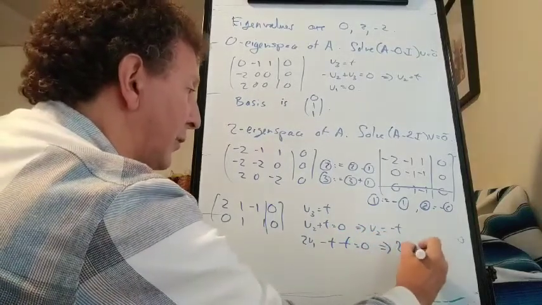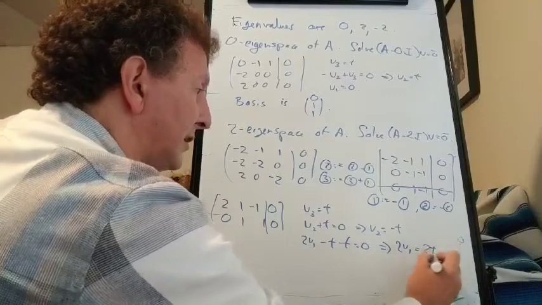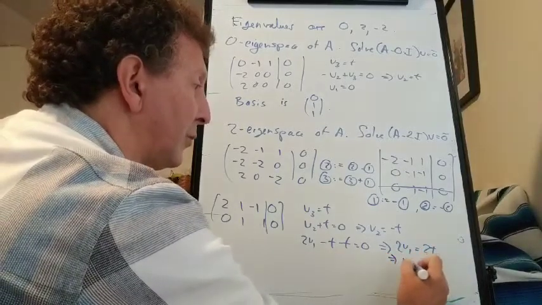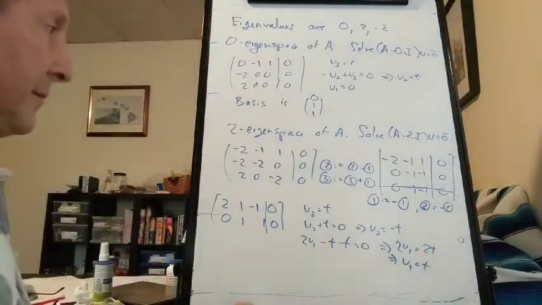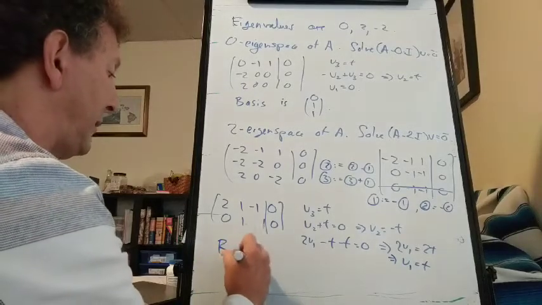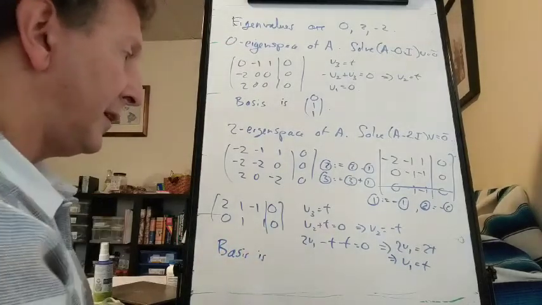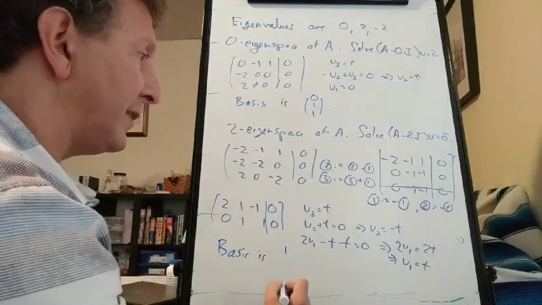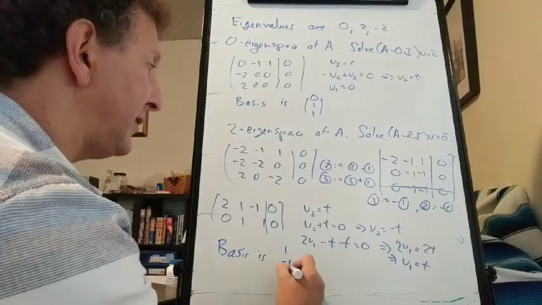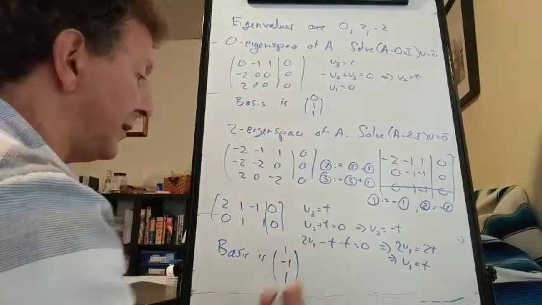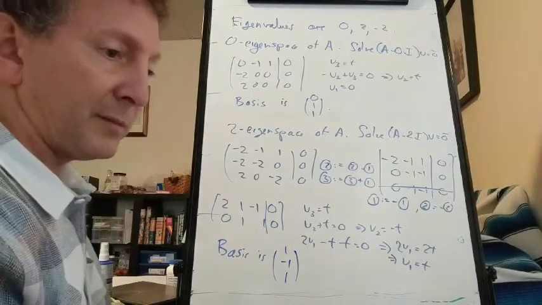So 2v1 equals 2t, so v1 equals t. So a basis is v1 is t, v2 is negative t, v3 is t. So 1, negative 1, 1 would be a good basis.